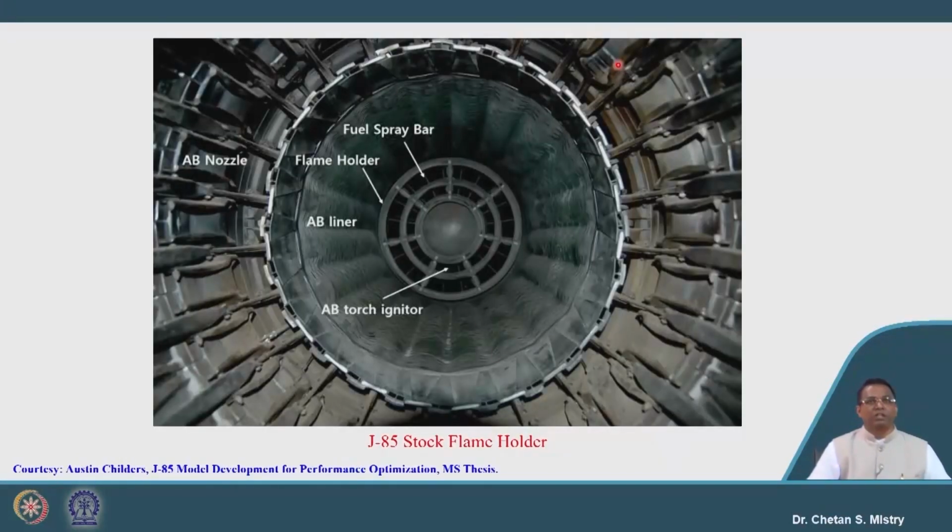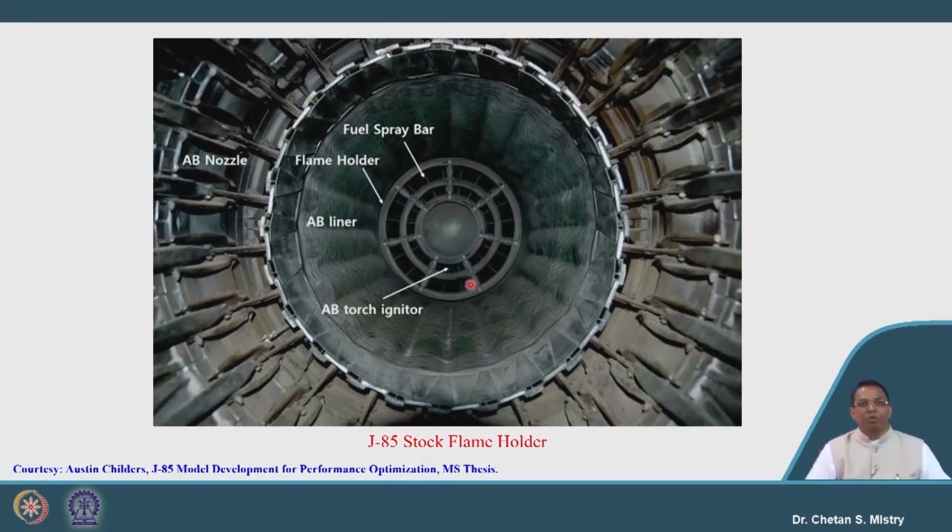So let us look at the construction here. This is the afterburner for the G85 engine. Here this is representing my flame holder. Somewhere here, this is my spray bar where the fuel will be injected.